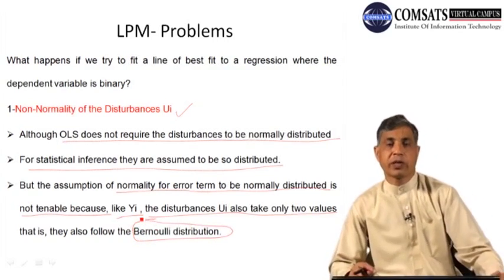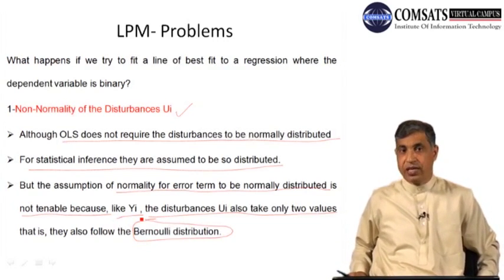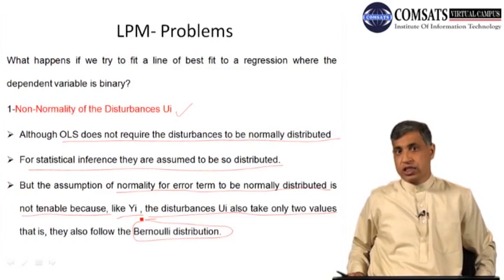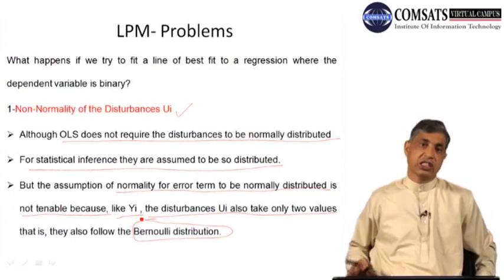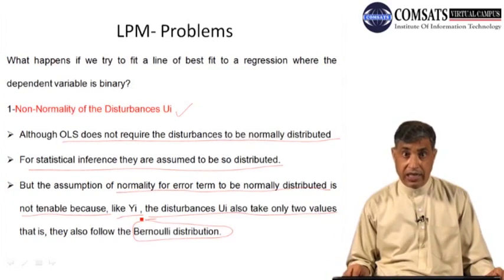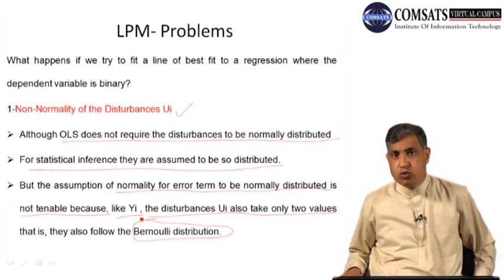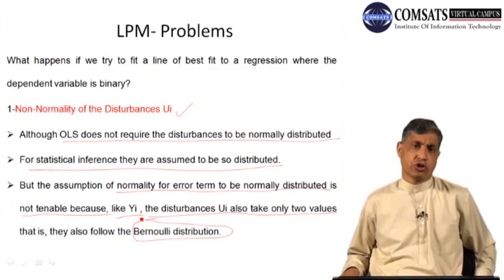I am not going to explain what the Bernoulli distribution is. You can guess from here that the Bernoulli distribution says the variable can only change between two values. So the first problem with the OLS estimation is that our residual terms are not normally distributed.